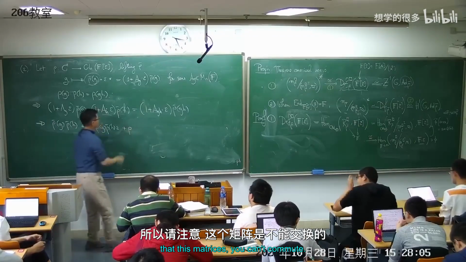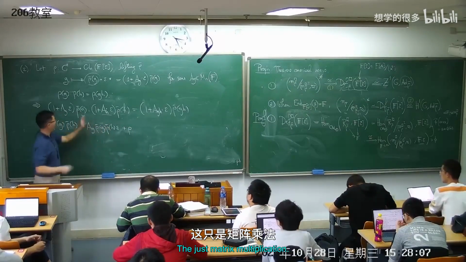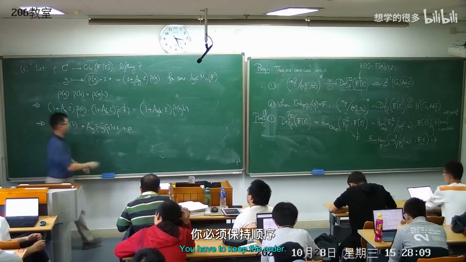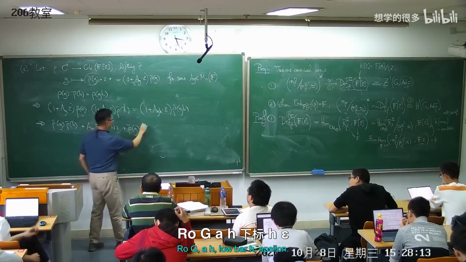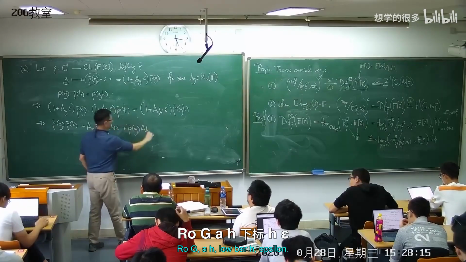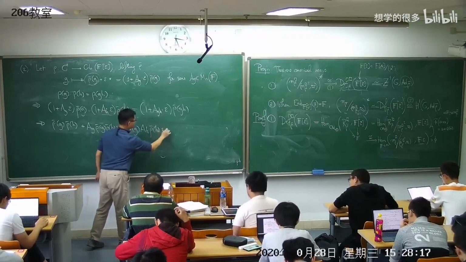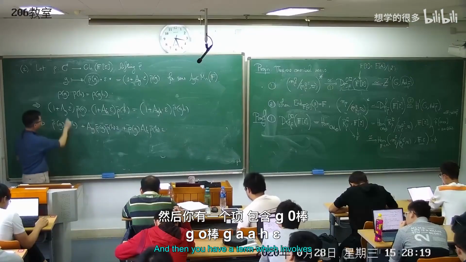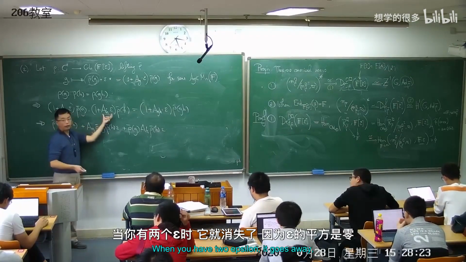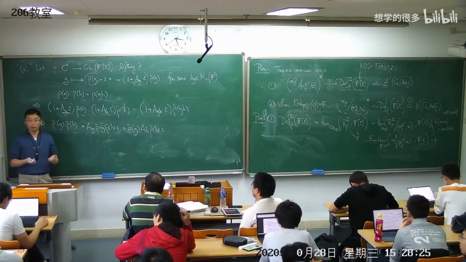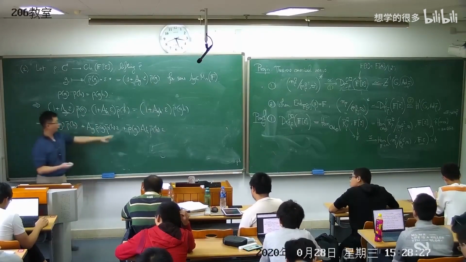Note that these matrices can't commute. They're just matrix multiplication, so you have to keep the order. And then you have a term which involves AG epsilon rho bar G AH epsilon. When you have two epsilons, it goes away because epsilon squared is 0.